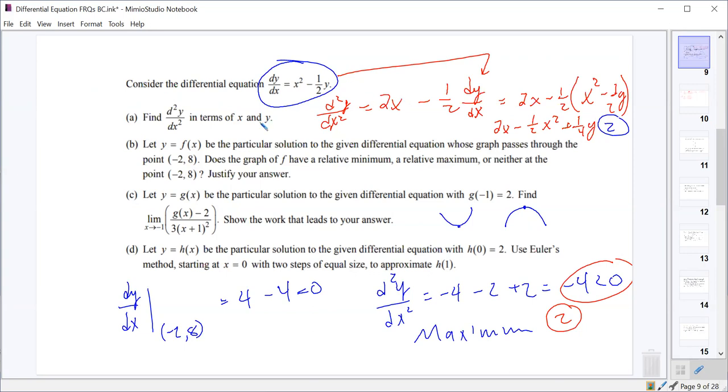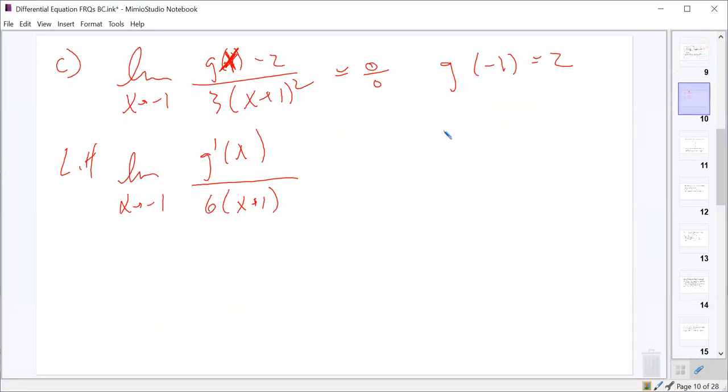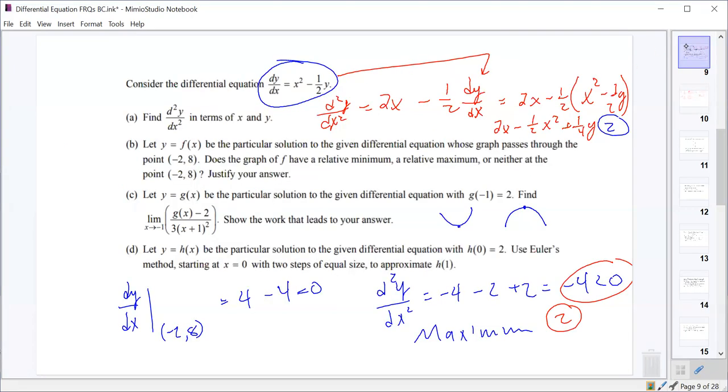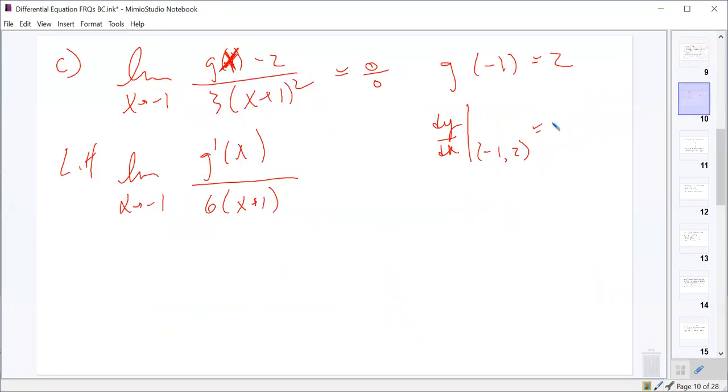Oh, right. We have a derivative up here. G prime of -1 we should be able to figure out. We just need to evaluate dy dx at -1, 2. X squared, so -1 squared is 1, minus 1/2 of 1. Looks like that's still 0. This is still 0, so we'll take another derivative.